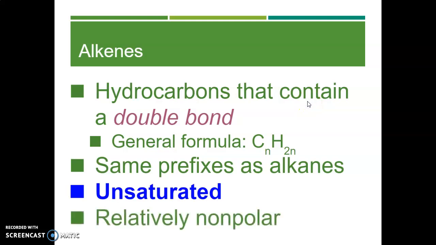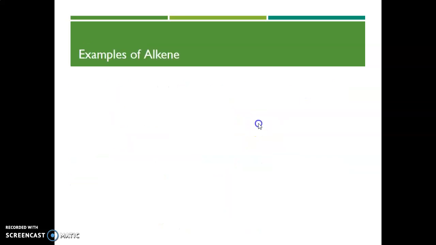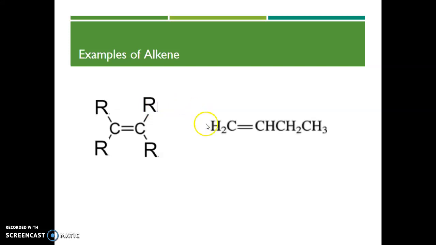So they're going to be considered unsaturated. And they're typically nonpolar. All of these compounds are actually nonpolar. So some examples, this is the general formula again, it's showing you the double bond between the carbons here. Could be carbons or hydrogens or something different. Here we have 1, 2, 3, 4 carbons, and based on the CnH2n formula, we should have 4 times 2, which is 8 hydrogens.